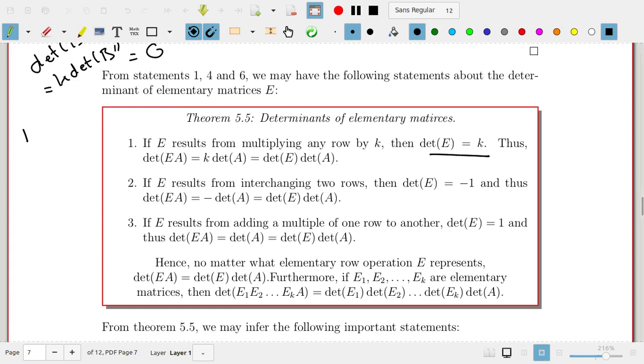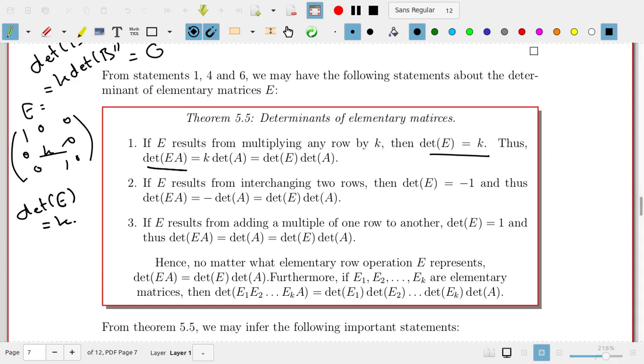Let's say we have an elementary matrix that looks like this, multiplying the second row by k, so that tells you the determinant of E is k. So the determinant of EA is of course k times the determinant of A, which is the same as the determinant of E times the determinant of A.